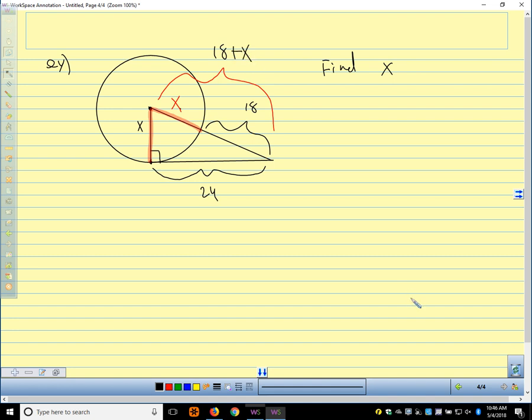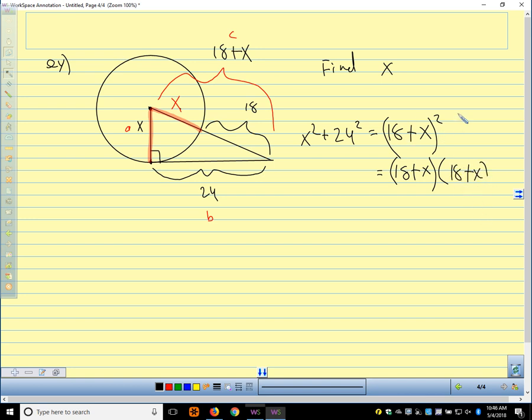Well, now we can use the Pythagorean theorem. I'm going to call this side A, this side B, and that would be C. So x squared plus 24 squared equals 18 plus x squared. And remember, 18 plus x squared is 18 plus x times 18 plus x.